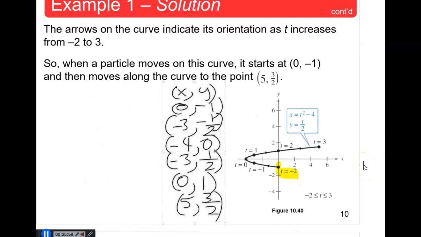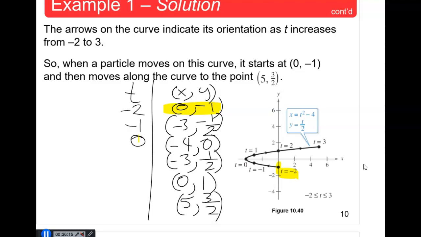All right, so that will be the first point, 0, -1. Then the second point, and I'm gonna just copy the t values here. So this was for -2, -1, 0, 1, 2, 3. So we start from the smallest t value. That was the initial point. Then we had the next one, t equals -1.